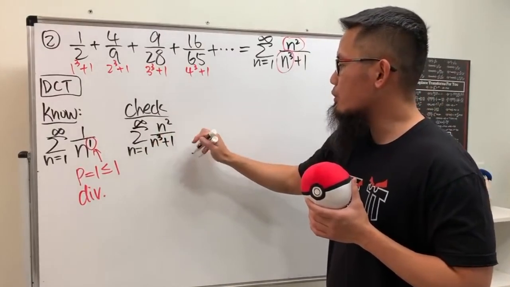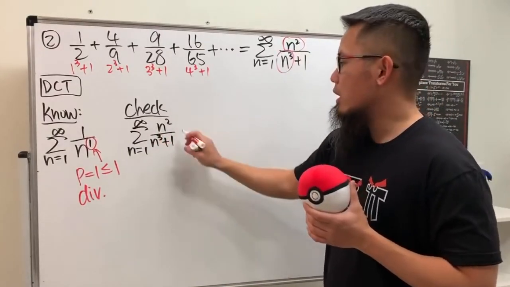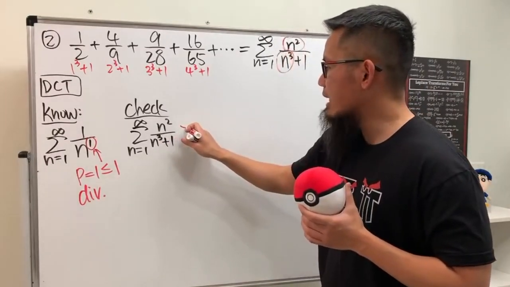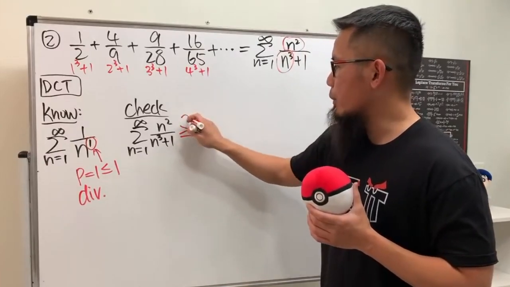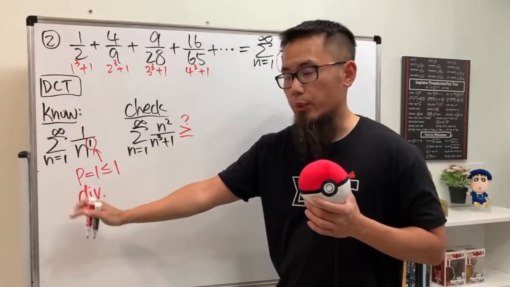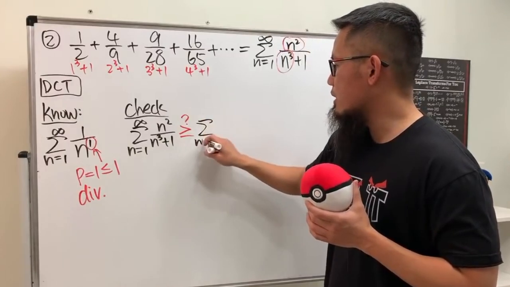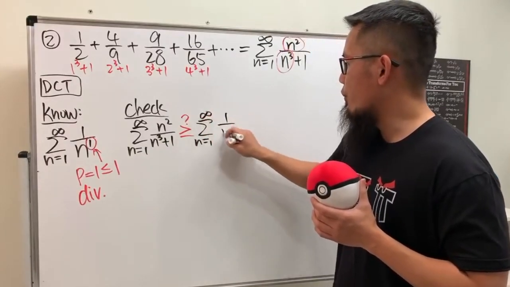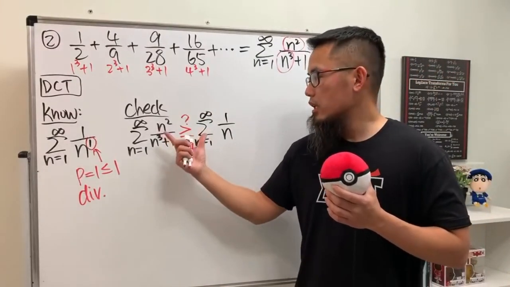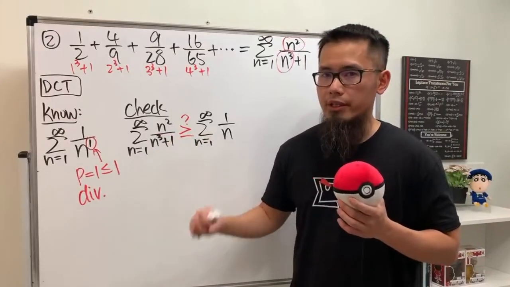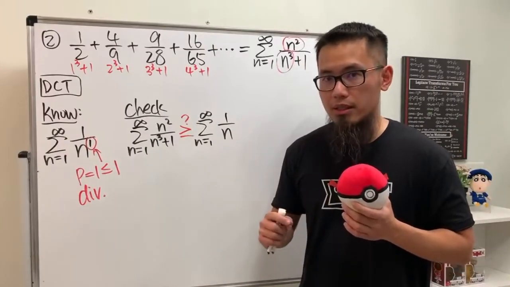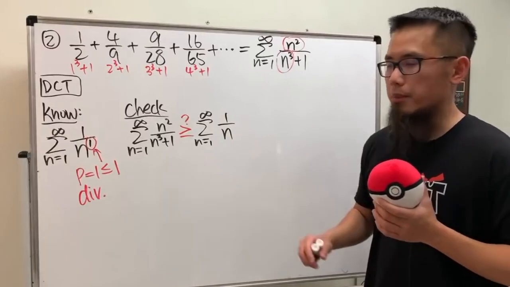Because we want to show divergence, we have to show that this is greater than or equal to a divergence that we know, which is the series as n goes from 1 to infinity, 1 over n. If this is true, that's the only case in which we can continue and draw a conclusion. But I don't know if this is true yet, that's why I put down a question mark. So let's see if the direct comparison is going to help us out or not.